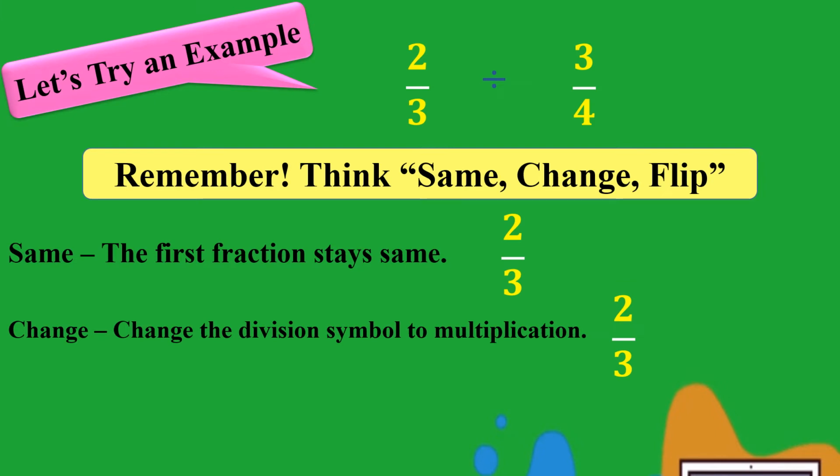So we write 2 upon 3 multiplied by, and then the last one is flip. It means we flip the second fraction, and the numerator will be the denominator and the denominator will be the numerator. So we write the second fraction as 4 upon 3. And just like that, we are back to multiplying.